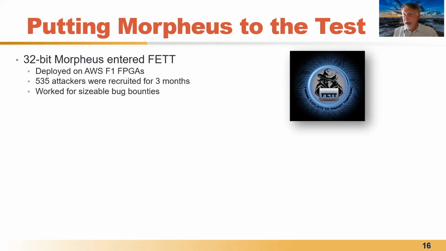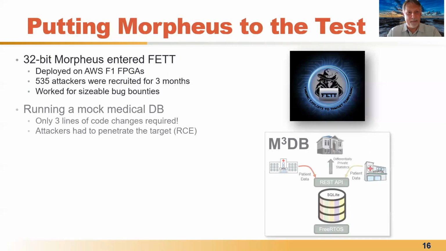We were deployed into Amazon AWS F1 FPGAs. We had 535 attackers sign up for our target. They worked for 3 months solid, for sizable bounties. We weren't fully knowledgeable of all that aspect of the design, but we were told the bounties were at least $50,000.